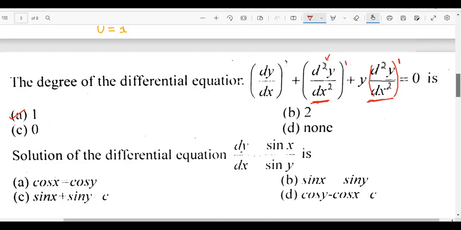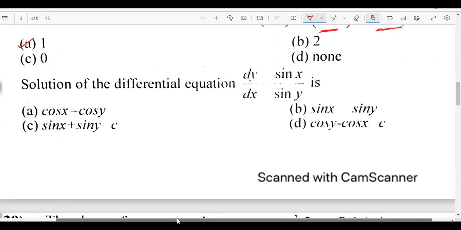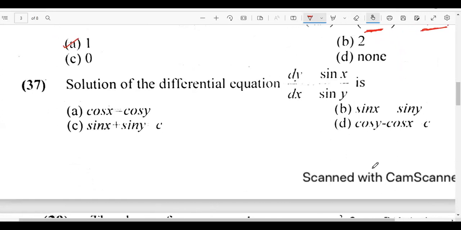Right. So let's talk about the next one. You can try doing this one. Solution of the differential equation dy by dx equals sine x by sine y. So we discussed this. It's a differential equation. We will be separating the variables. I can take sine y there and I can take dx there.